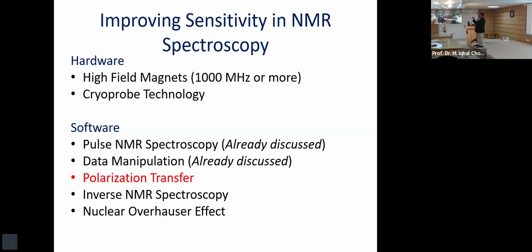And they said if we cool those electronics within the probe by gaseous helium, not liquid helium, gaseous helium, at 4 Kelvin, I don't know how much in centigrade, remember that everything electronic performs well when it is cold.